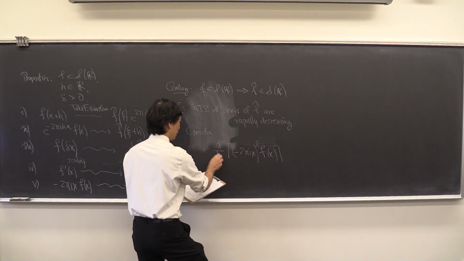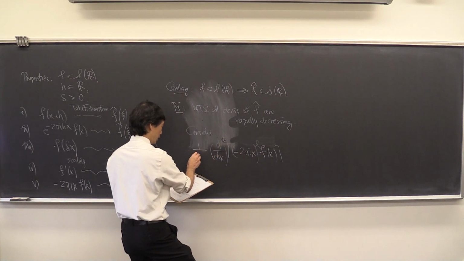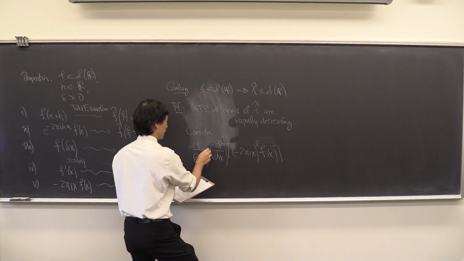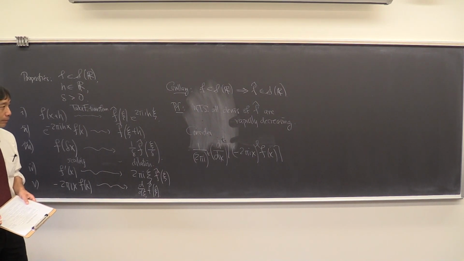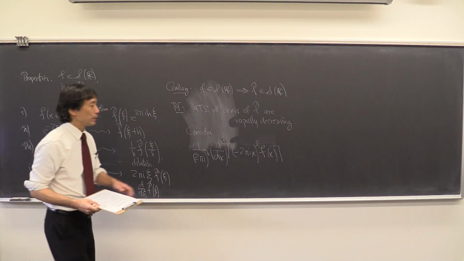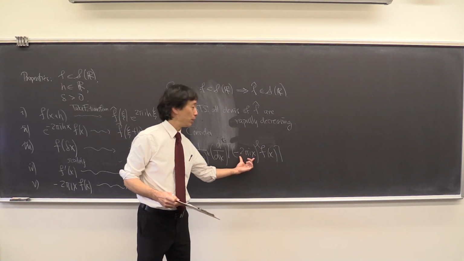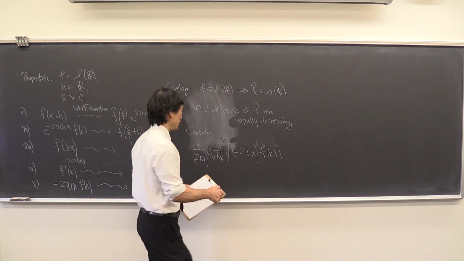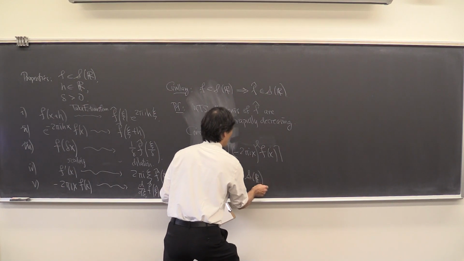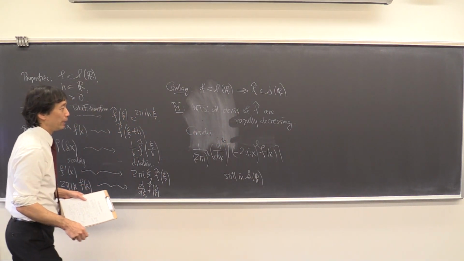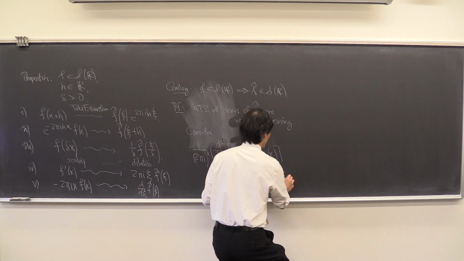And then that differentiated k times and multiplied by 1 over 2 pi i to the k. First off, notice that that's still in the Schwartz class, right? Because you're multiplying it by a polynomial and you're differentiating. So this is still in the Schwartz class, and so its Fourier transform is bounded.